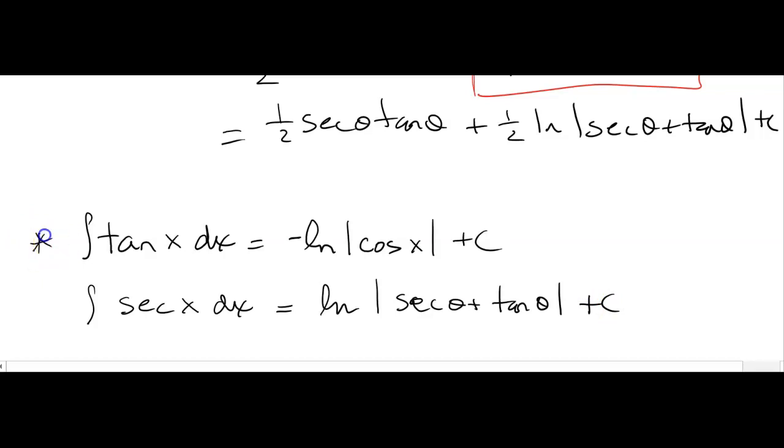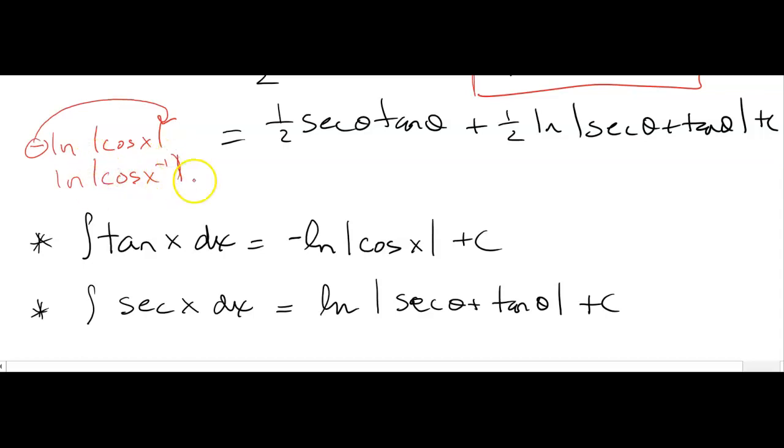You can integrate them using any of your rules, of course. But I want to take the tan x one a little bit further. If you took the negative of ln cosine x, you know with a natural log, you can move the negative as an exponent. That's the same as ln of cosine x to the negative 1.